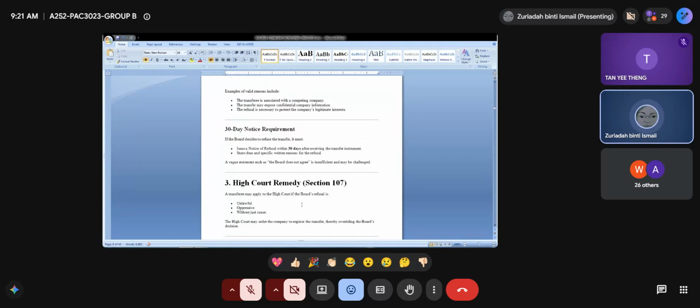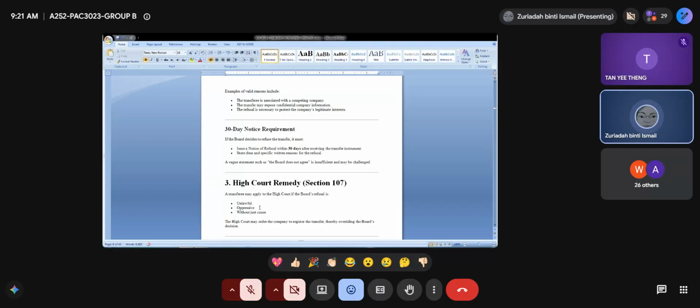And the third is that the transferee can also apply through the court. A transferee can seek a court order if the board refuses to register them, if the transferee feels there is an unlawful or oppressive reason, or without just cause.